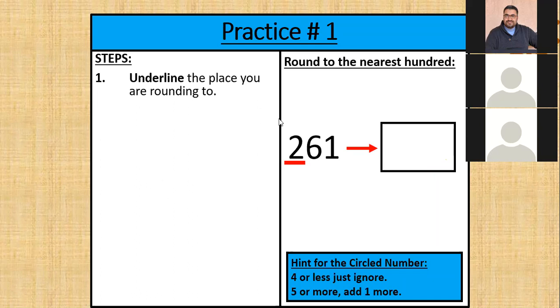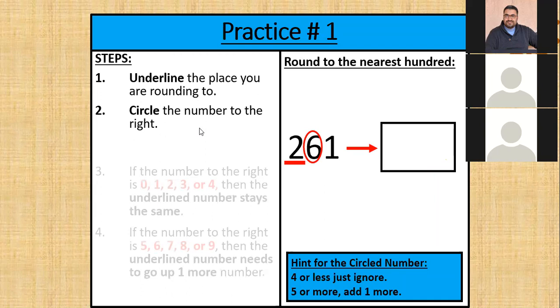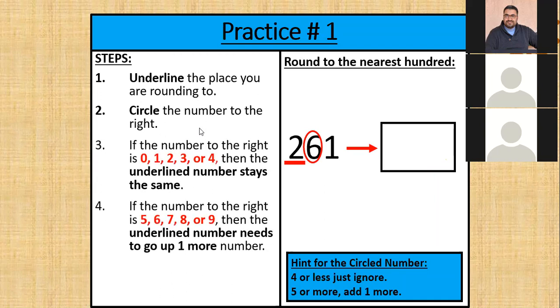We will circle 6. And then stop to check. We want to check 6. Is it rich number or poor number? 6 is rich or poor? Rich. Very good.